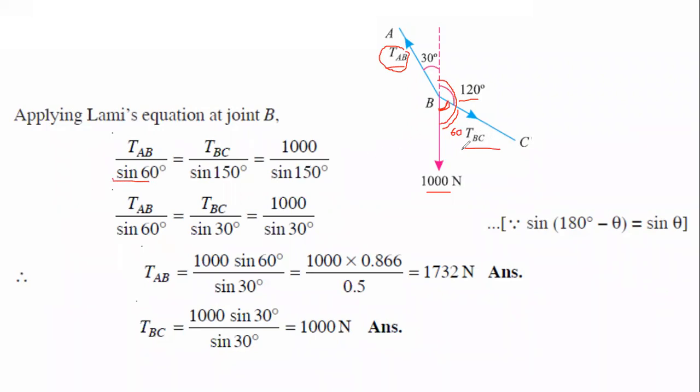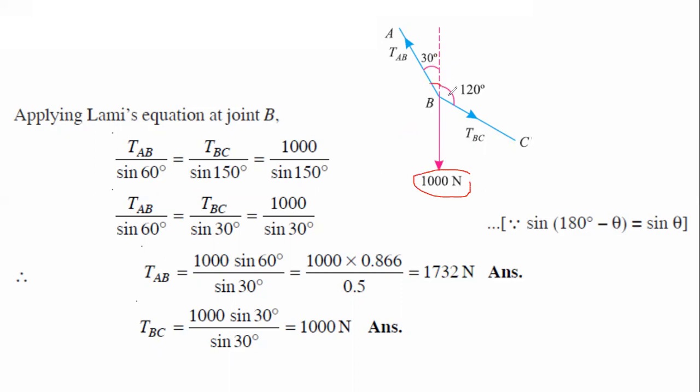Similarly, the tension in BC is divided by the sine of the opposite side angle. Out of the total 180, if you subtract this 30, the remaining angle is 150. That's why sine 150 is here. And the last one is the force of 1000 Newton.